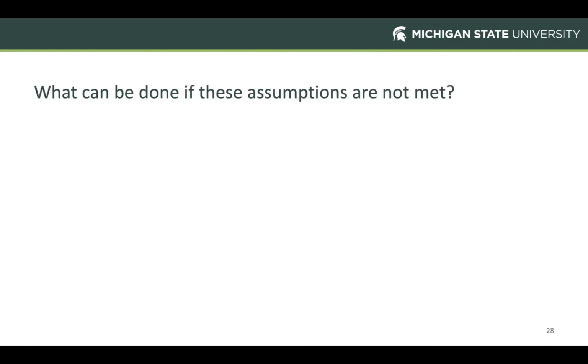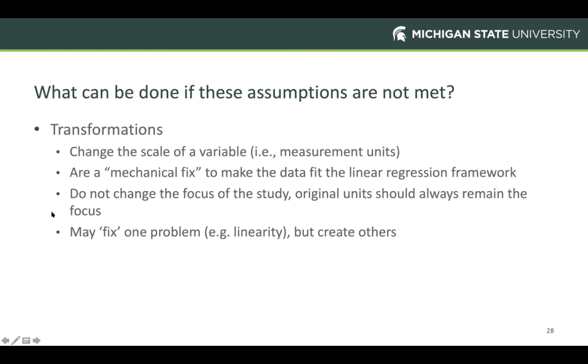The question then becomes, if we do see violations of our assumption, what do we do? The short answer is we can transform either our Y variable or our X variable. When we conduct transformations, we're changing the scale of our variable.